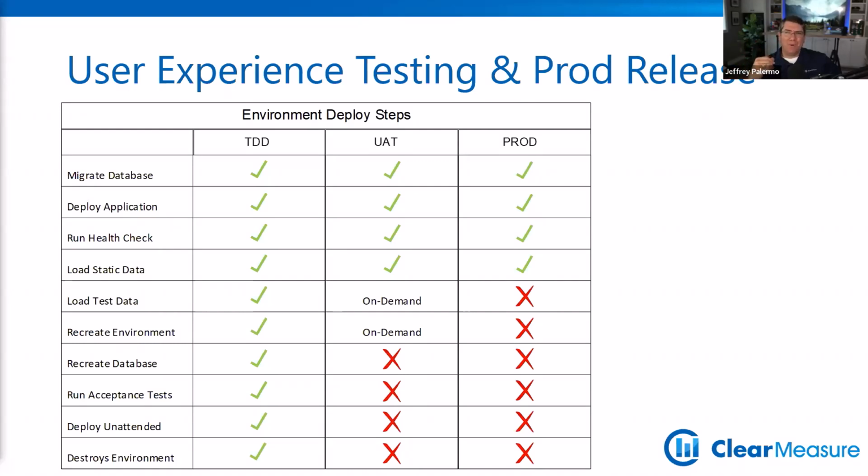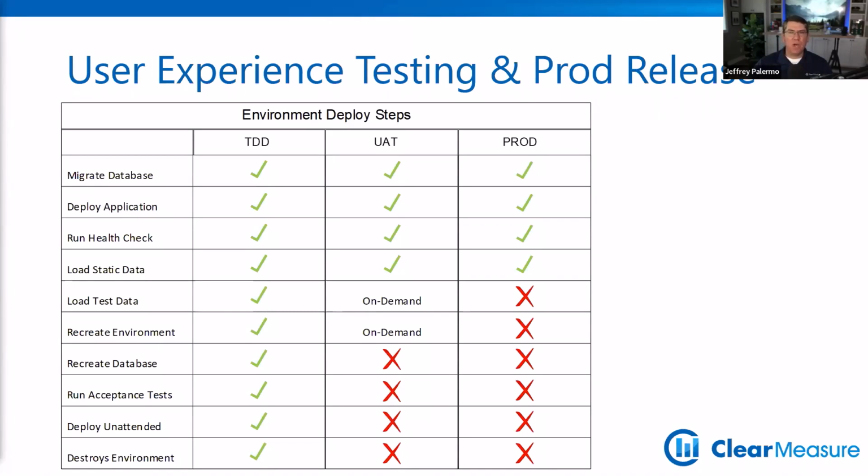There's no way we're gonna run acceptance tests in UAT, because just the test setup alone is inserting and deleting records in the database to set up a certain scenario. We would blow away test data that manual testers rely on in UAT, and we would accidentally blow away customer data if we did that in production. So no way do we do those things in UAT or production.